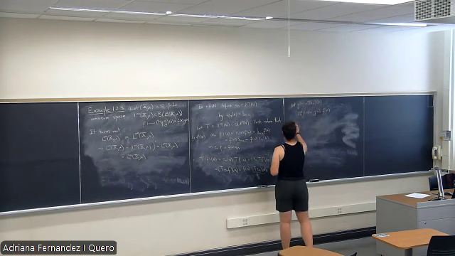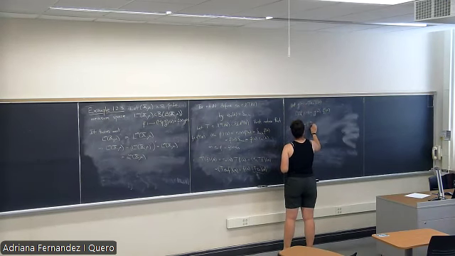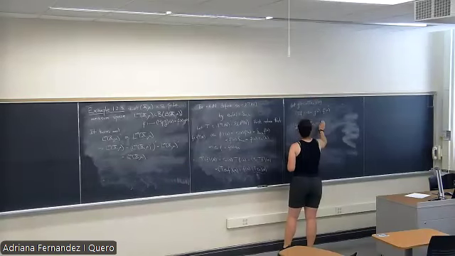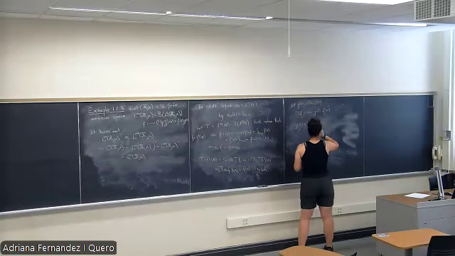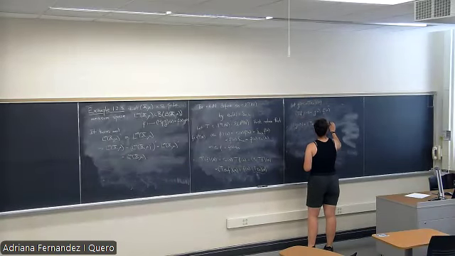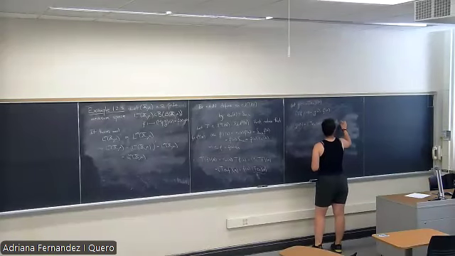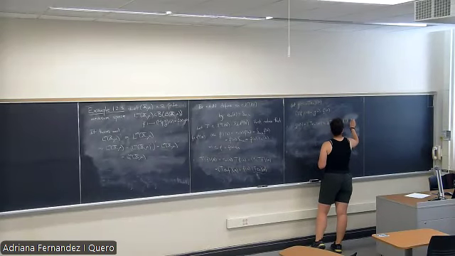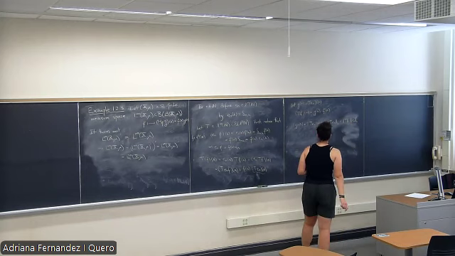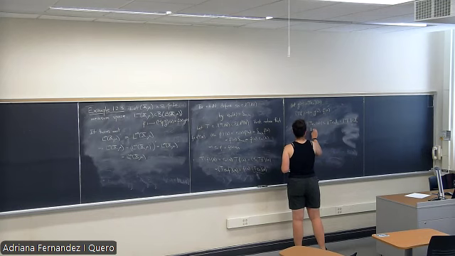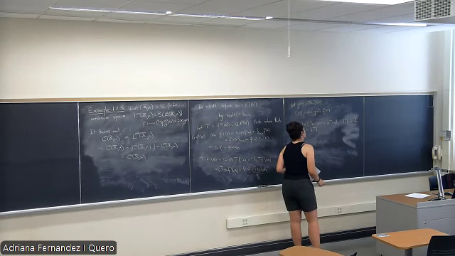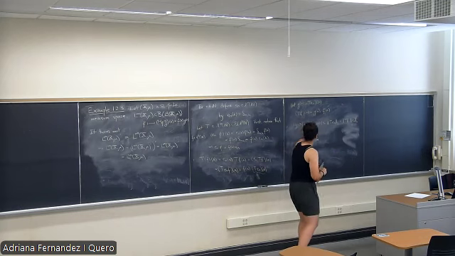Okay, so let's do that. This is less than the norm of e_n as an L2 function, but T is bounded. This is less than the norm of T times the norm 2 of e_n. So this function g is bounded.